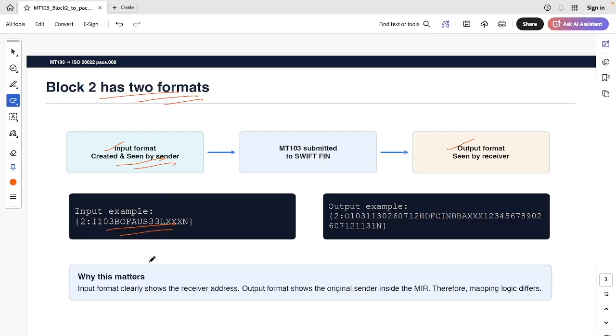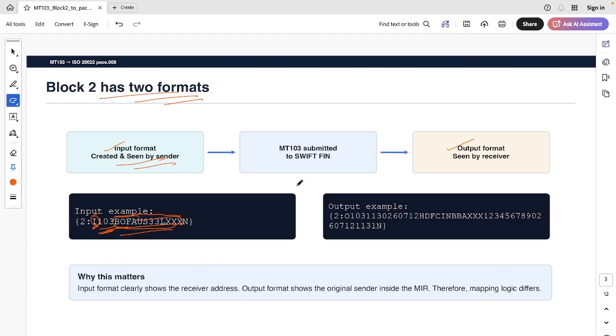This is an input message value, where the letter I refers to the input message. This version tells SWIFT where the message should be sent. Therefore, the address appearing after the message type, after 103, is the address of the direct receiving institution.